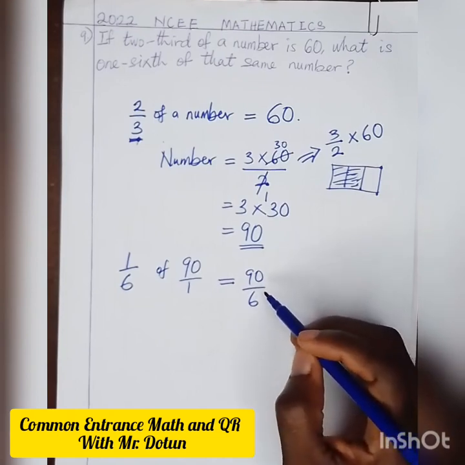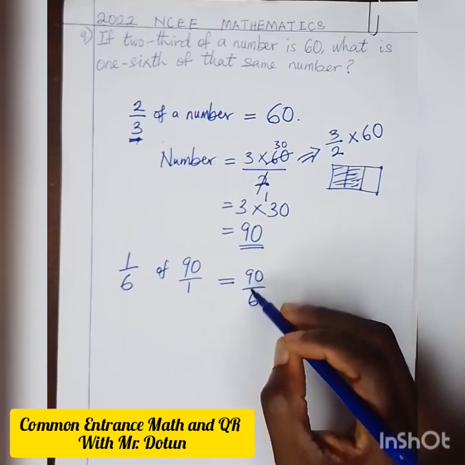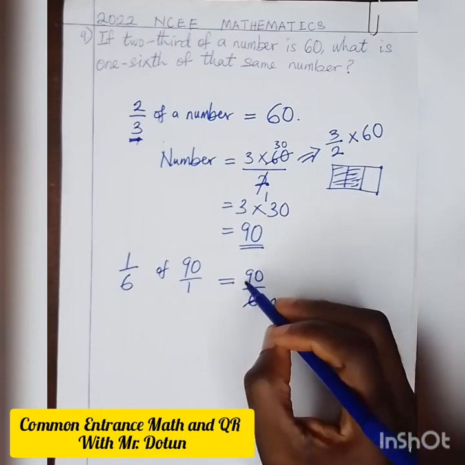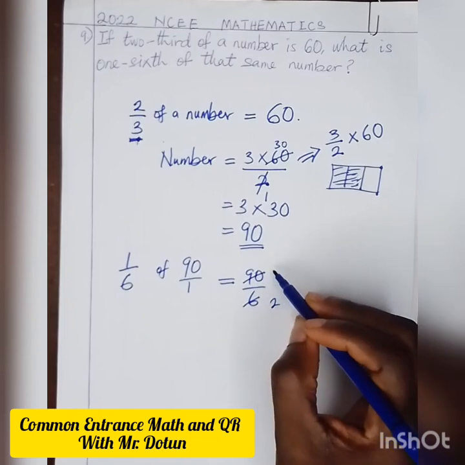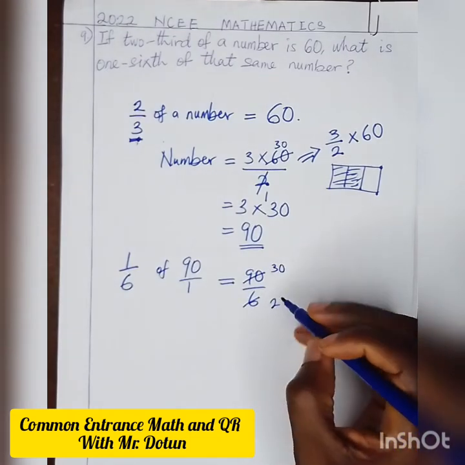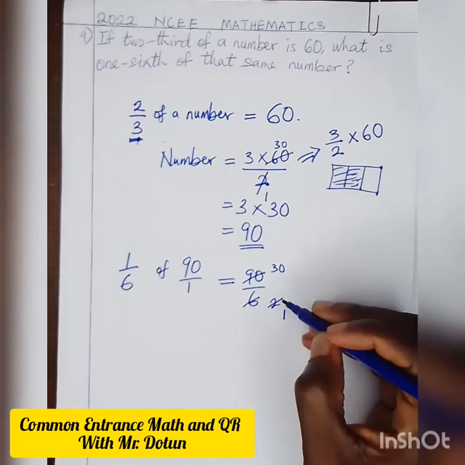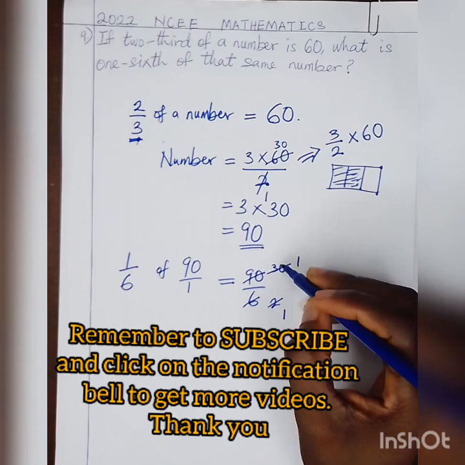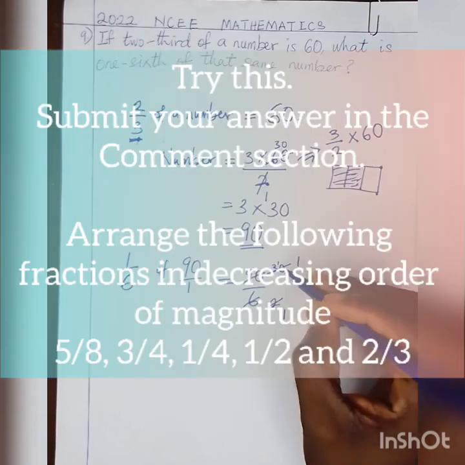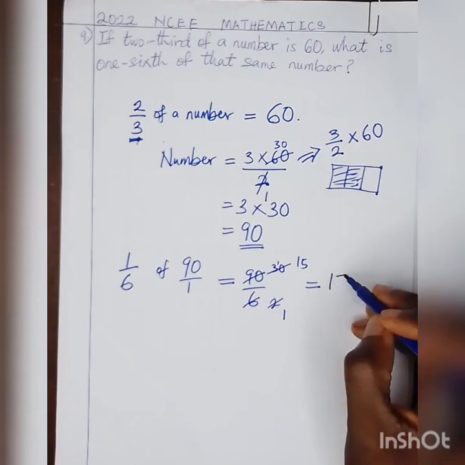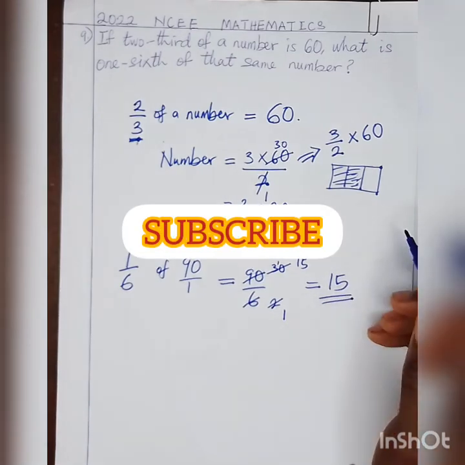Let's start with the obvious one, 3. 3 goes in 6 2 times, and 3 in 9 is 3, in 0 is 0, so you have 30/2. Then 2 in 3 is 1, remainder 1, and 2 in 10 is 5. So you have 15. The answer is 15.